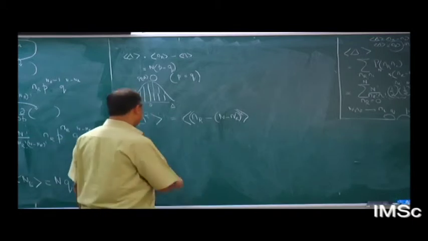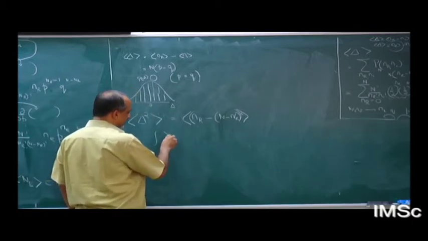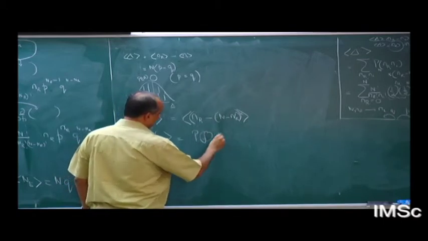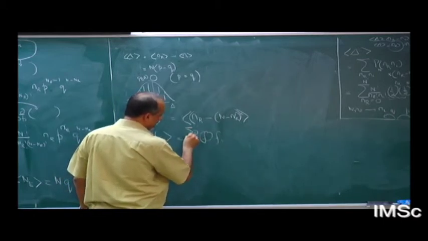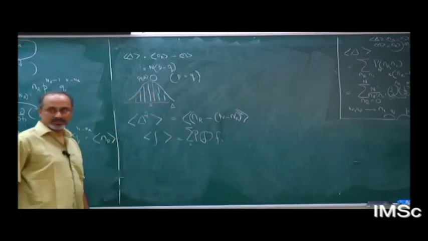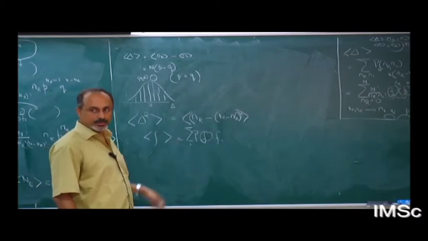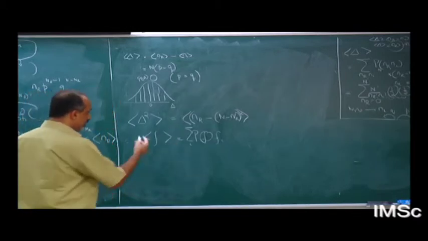So, it's a very general thing that whenever anything that you want to calculate, some average value of f, suppose I have a probability distribution of f, I multiply by that f for each value that it can take, and I sum over all possible values. The most basic relationship when we talk about probabilities. So now let's write that.